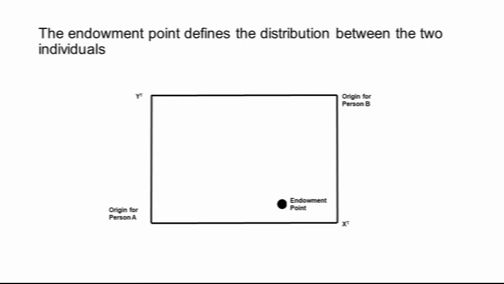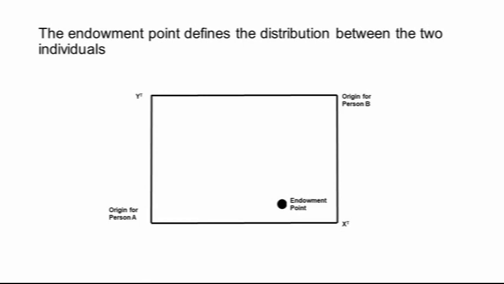Any point inside the box divides up the good X and good Y between the two individuals. So, for example, if I take an endowment point, the black dot that I've got drawn there, person A has from 0 to the x value of that point coming from person A's origin, and then person B has the x value going from its origin in the top right to xt, moving from right to left in the Edgeworth box.